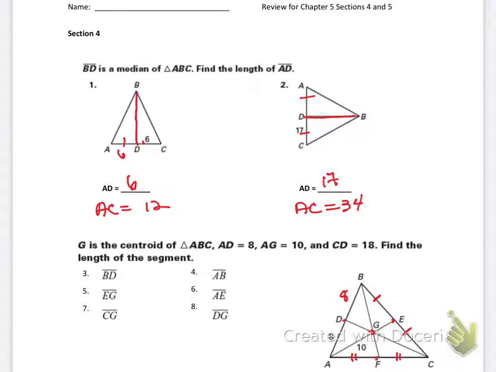Okay, so then other things we're going to do. All the lines that I'm going to color in green are going to be 2/3 of the length of the entire median. Okay, these are the longer segments. Then all the segments I'm going to color in pink are going to be 1/3 of the entire length of the median.